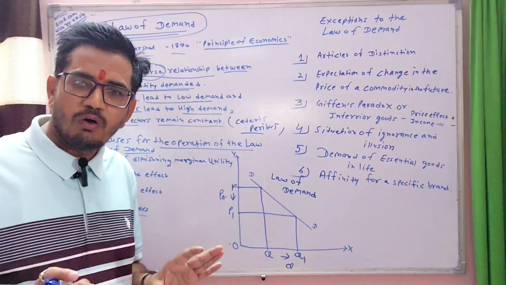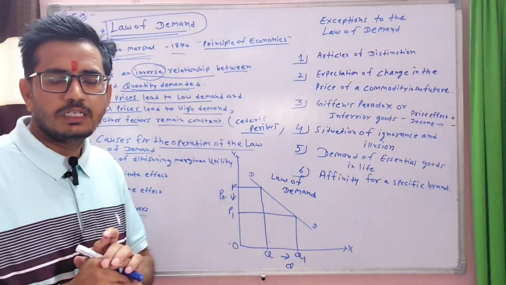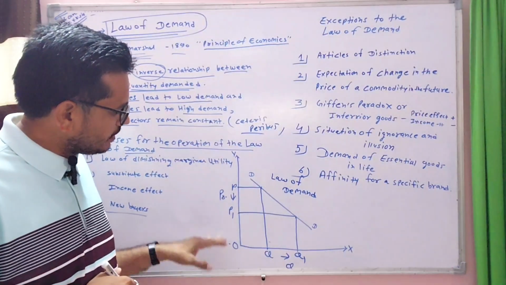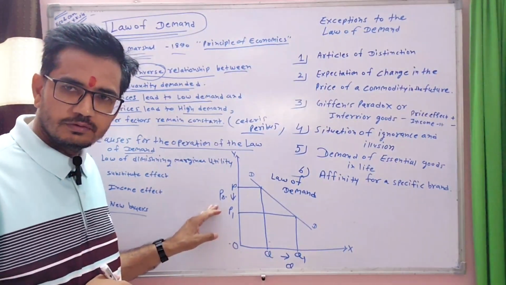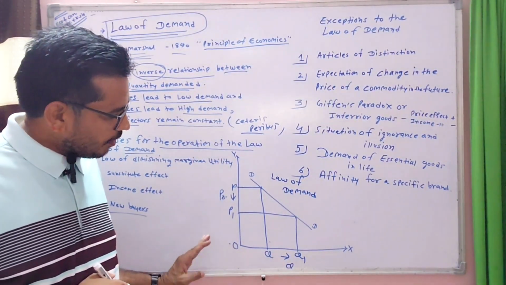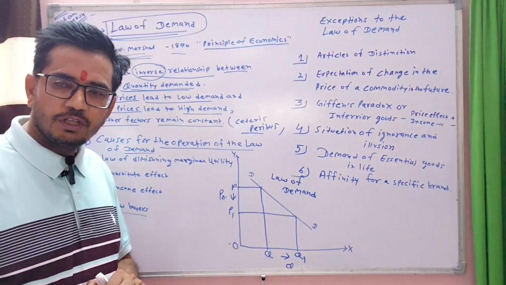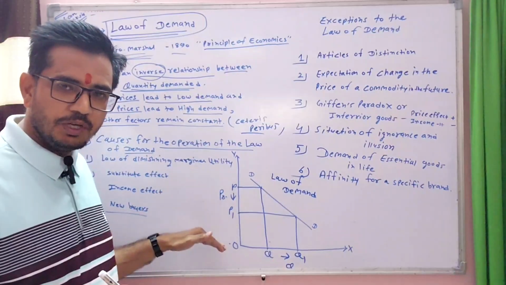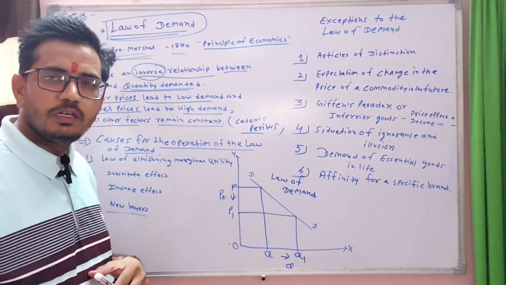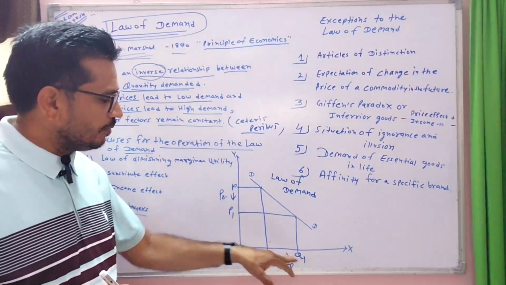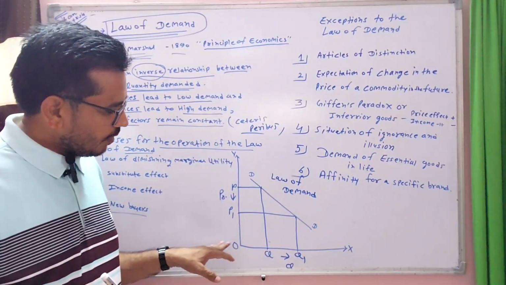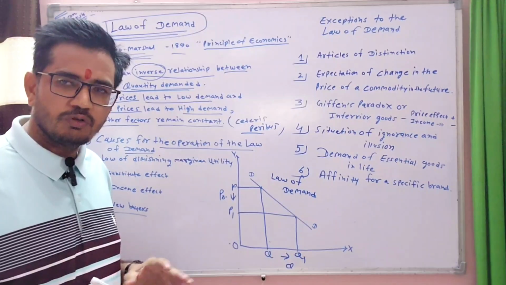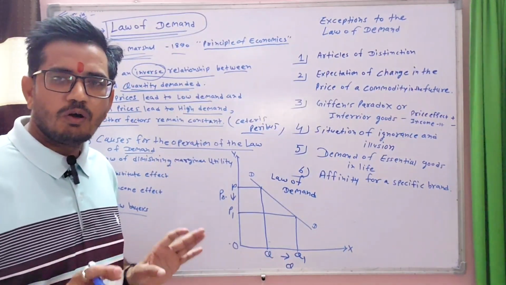That's the law of demand. In the reverse condition, if price is OP1, then your quantity demanded is OQ1. If price increases from OP1 to OP, then your quantity will decrease from OQ1 to OQ. So that's the law of demand.